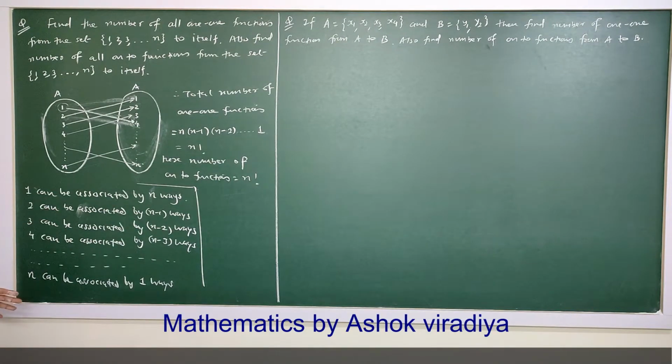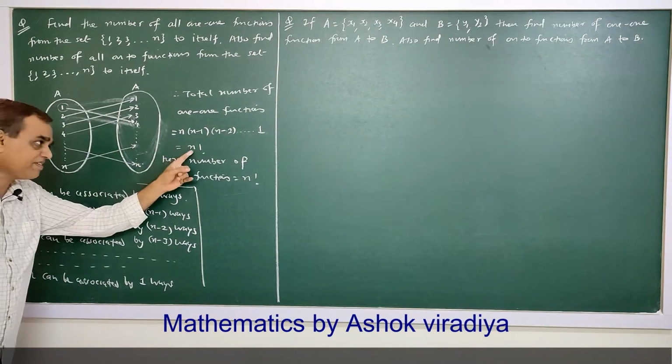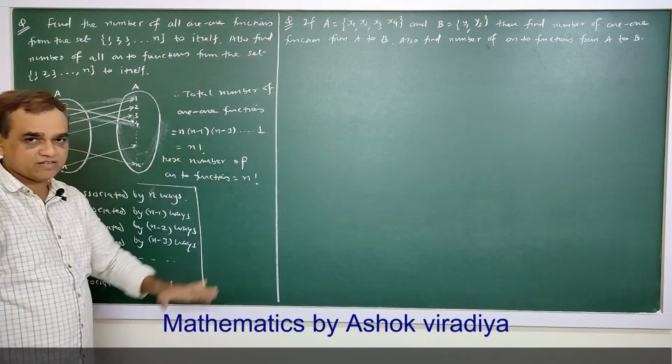So whenever you want the total number of 1-1 and onto functions from set A to itself, and that set contains n elements, then the total number of 1-1 functions is n factorial, and onto functions n factorial.